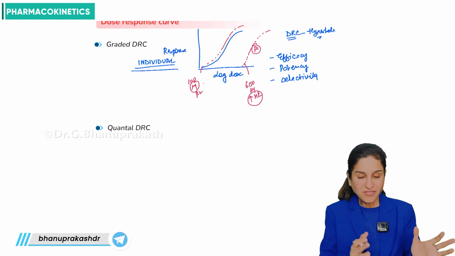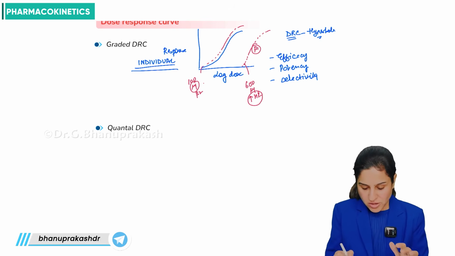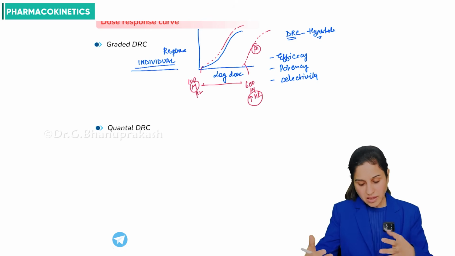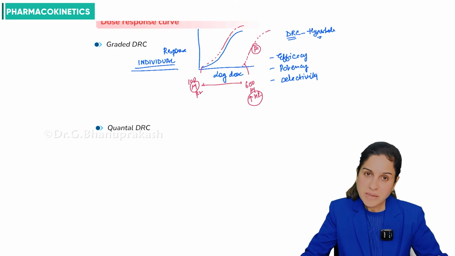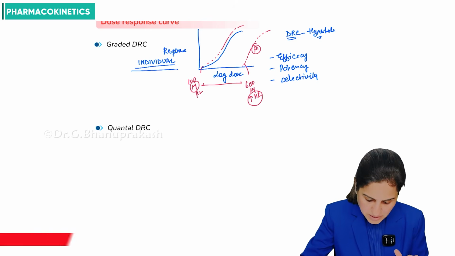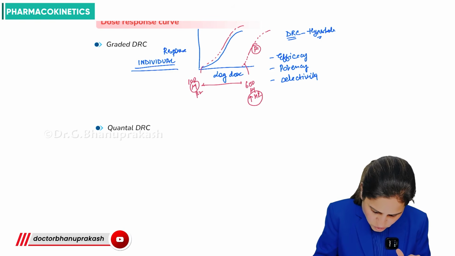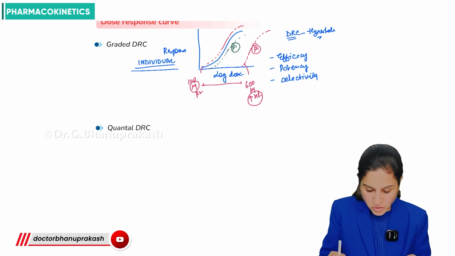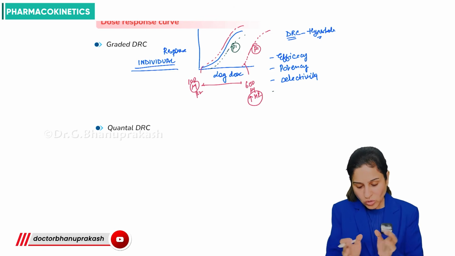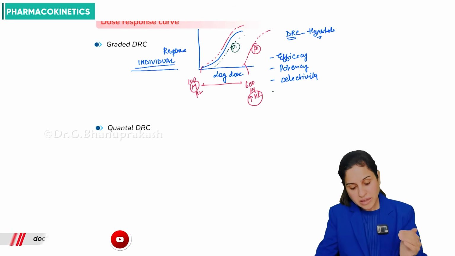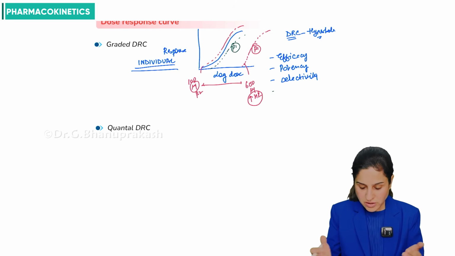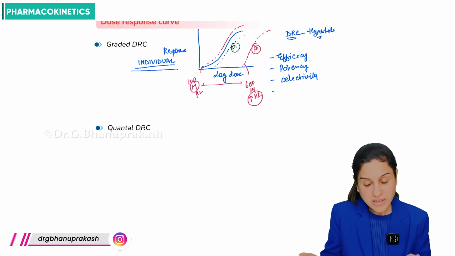But you have to go 6 times the dose, right? So we can say it is selective in action. Let's say there's another drug which acts on the beta 2 receptors at 100 micrograms, but if you increase the dose to 200 micrograms, then it stimulates beta 1 also. So then we say it is not very selective, right? So there should be a gap between the desired therapeutic effect and the adverse effect. So you can tell about the selectivity of a drug.